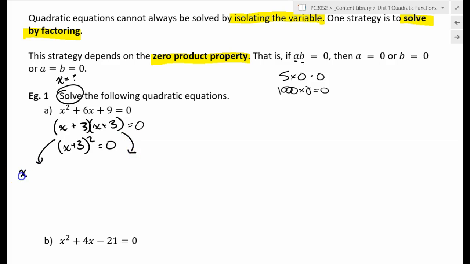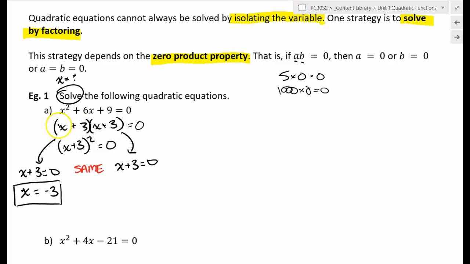Option 1 is that x plus 3 equals 0. Option 2 in this case is exactly the same, so I'm only going to solve it once, and I'm only going to have one solution. That means that x must equal negative 3. And that would be my answer.